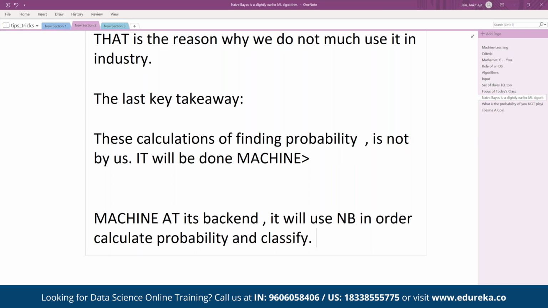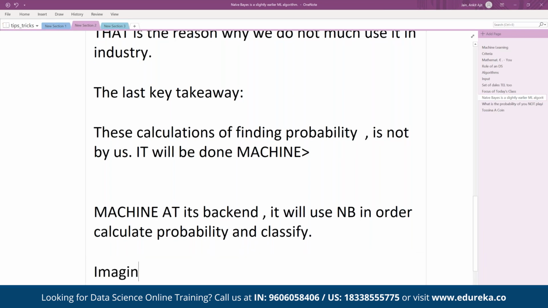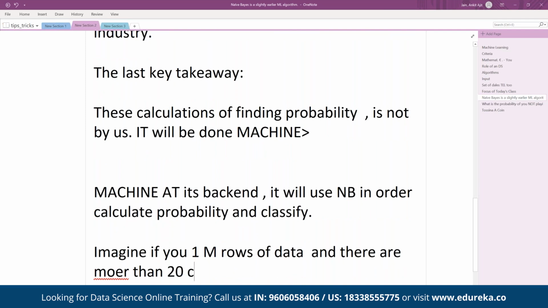When you tell the machine to use the Naive Bayes theorem, it will do the calculations which I just showed. Now just imagine if you have 1 million rows of data, and here we had only 2 conditions, sunny and windy. Suppose there are more than 20 conditions.